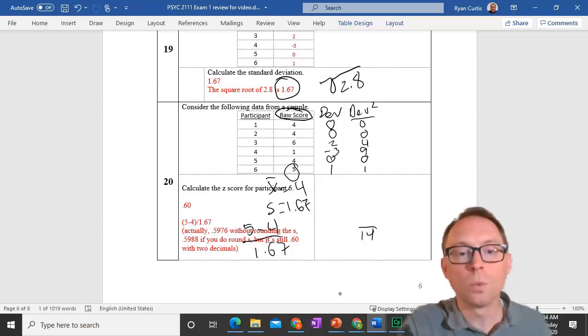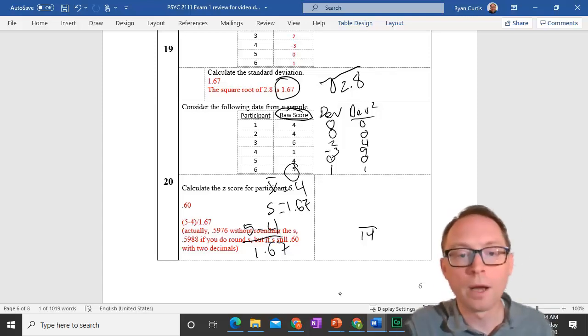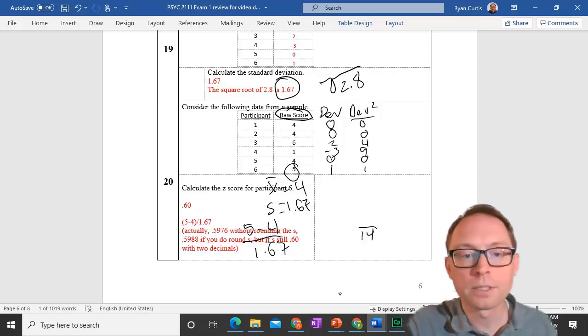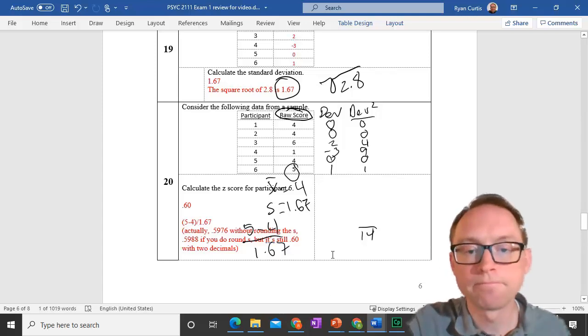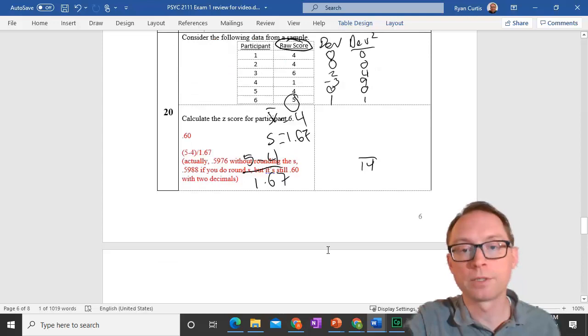When you get that, it's 0.5976. If you round it, you can round it to 0.60. That is the z-score for this person, and the z-score is the number of standard deviations away from the mean that individual happens to be.